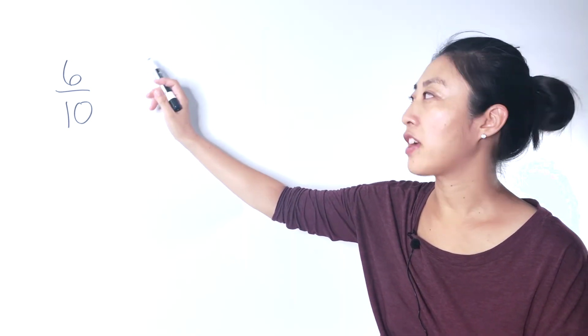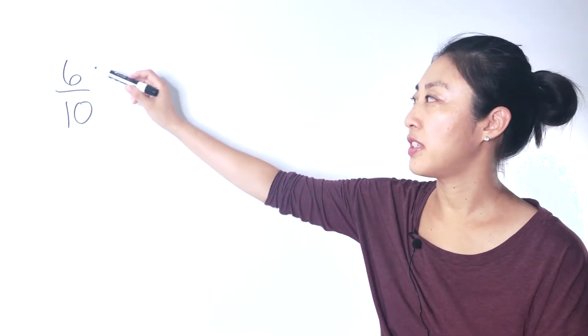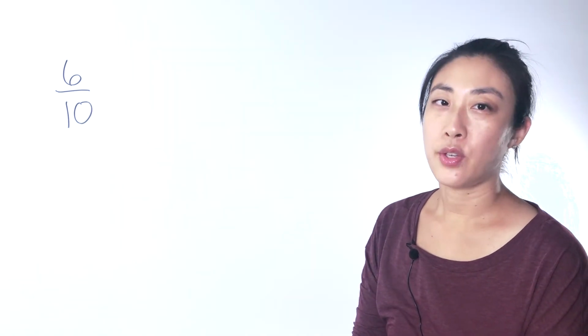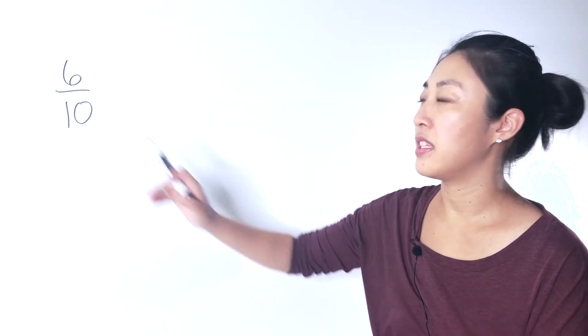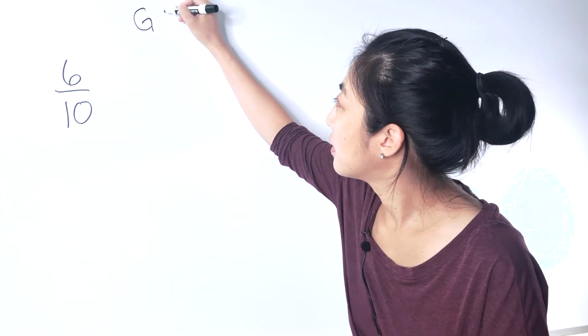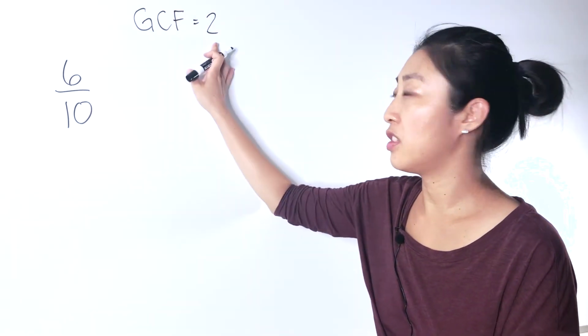To simplify the fraction, you have to find the greatest common factor for 6 and 10. When we look at it, we can see that the greatest common factor for 6 and 10 is 2.